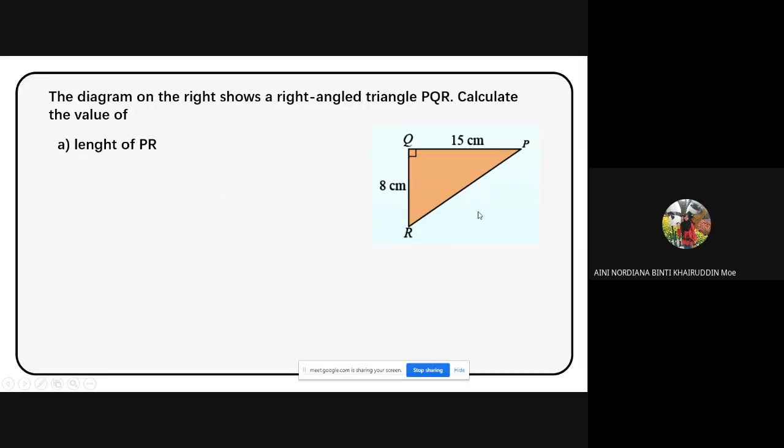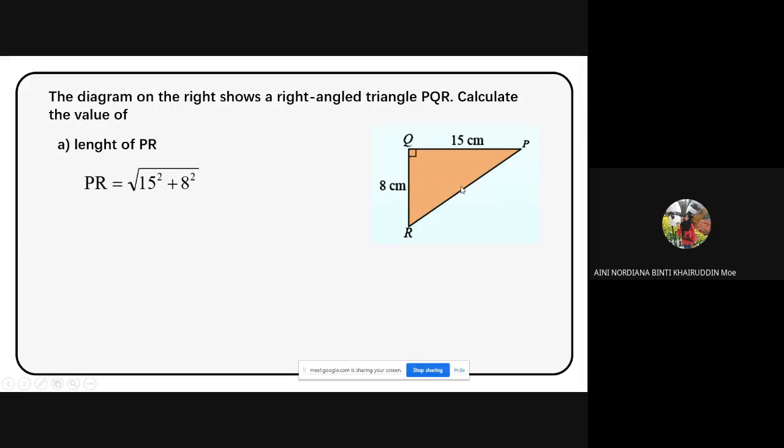Okay, you can use Pythagoras theorem, which is PR equals square root of 15 square plus 8 square. Okay, this you have learned in Form 1. So actually this theorem is simple.